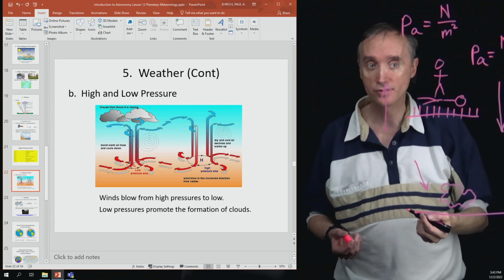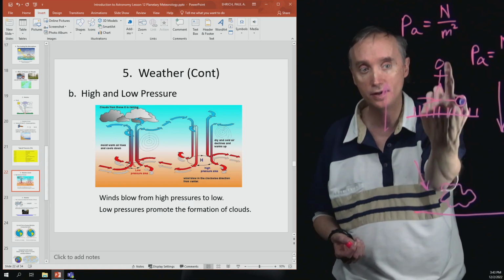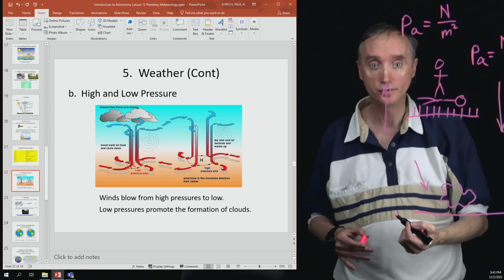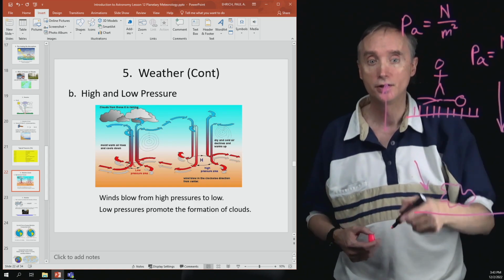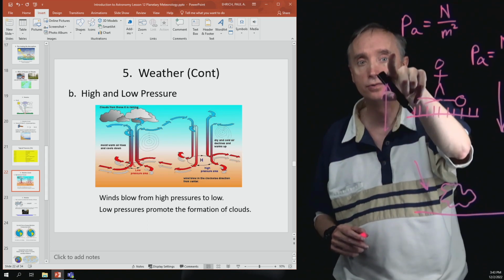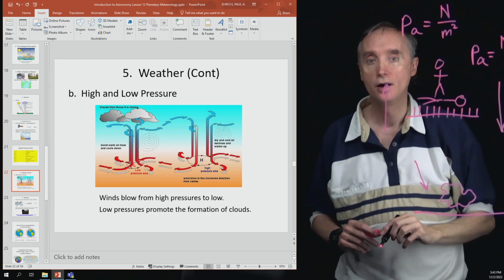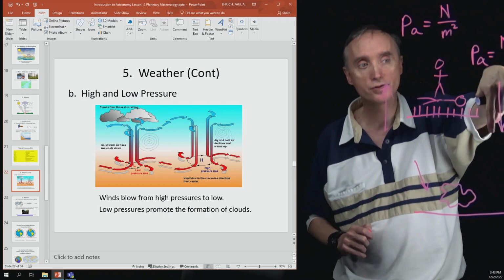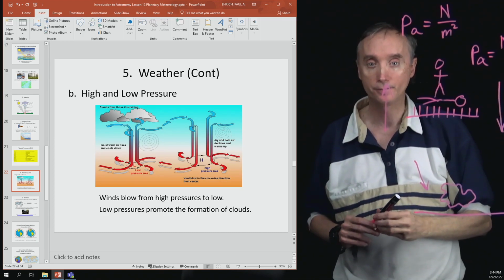We just got through saying that air rises until it cools off and then becomes a cloud, turning into a liquid. So a low pressure system is going to allow the material to go up and turn into a cloud. On the other hand, a high pressure system pushes down and is going to push the clouds out of the way.